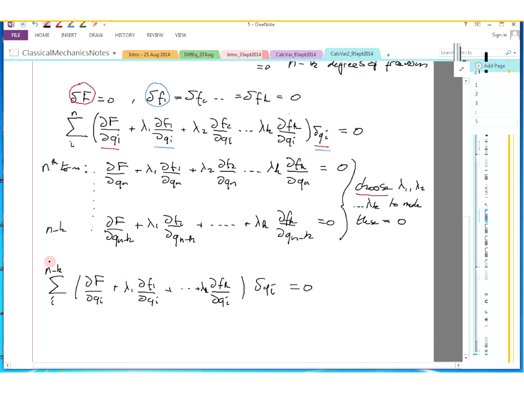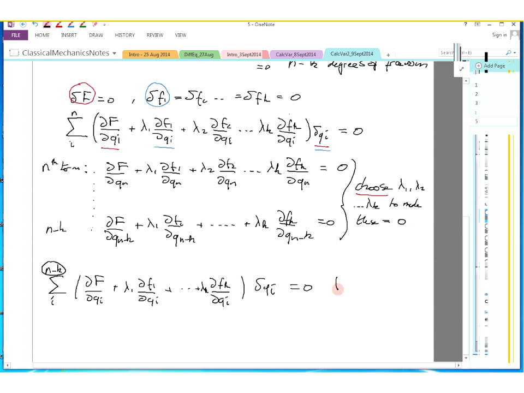And now pay attention that we only have the first n minus k terms here. Because we've eliminated the last k terms, the first n minus k terms are 0 independently of these delta q_i's.